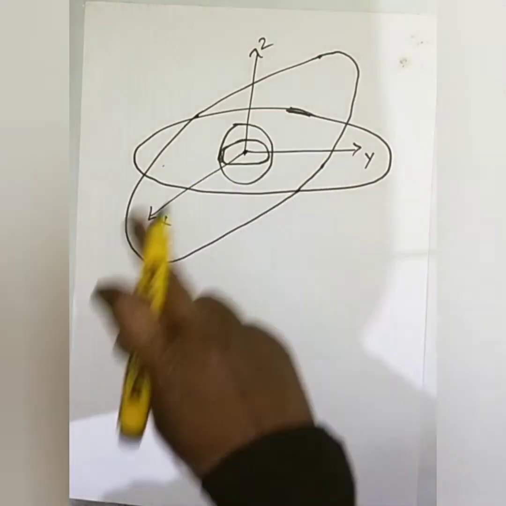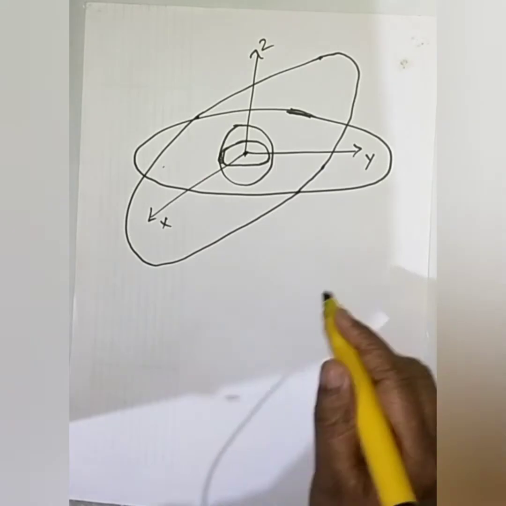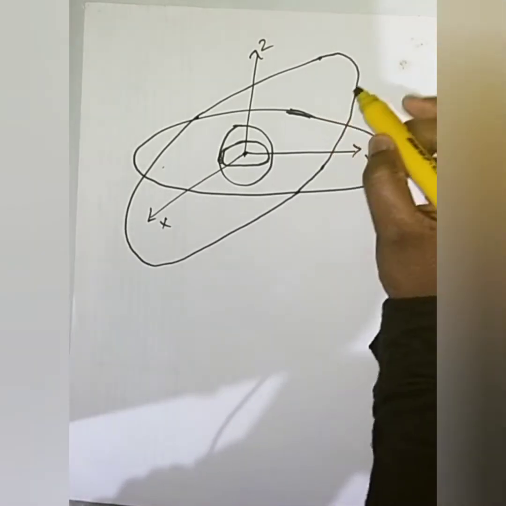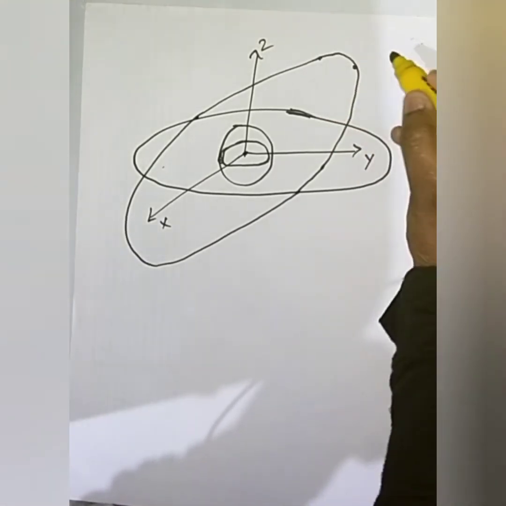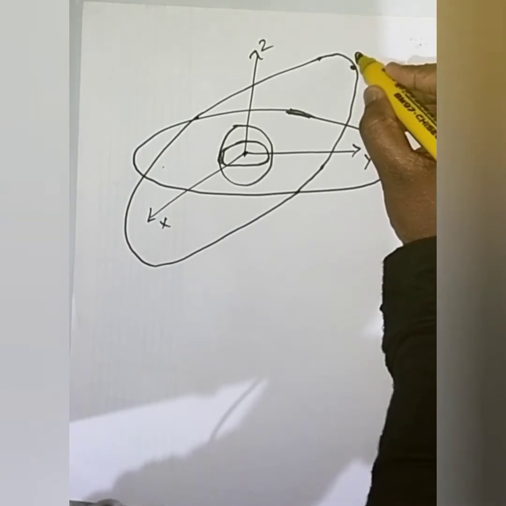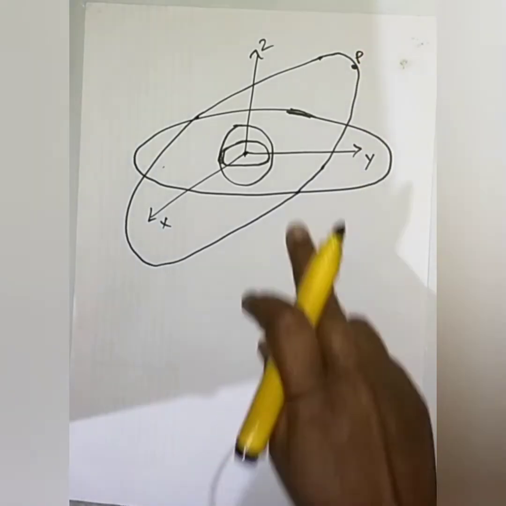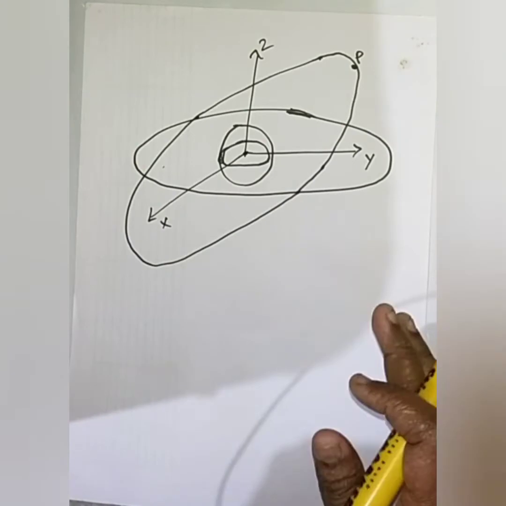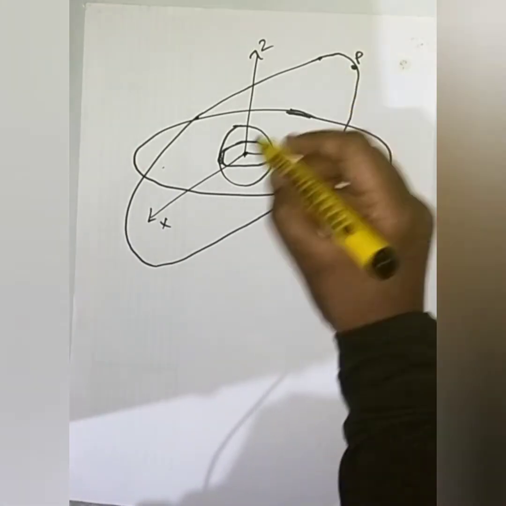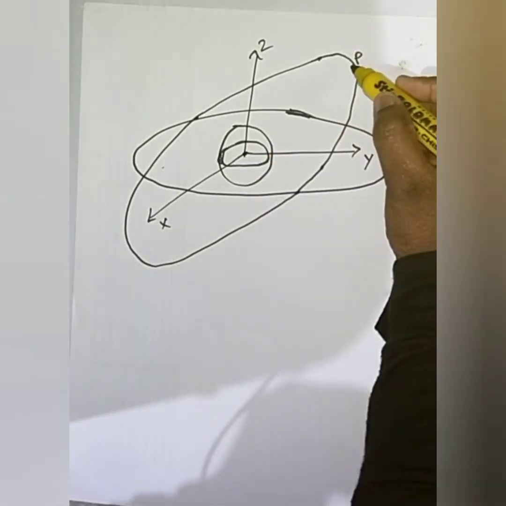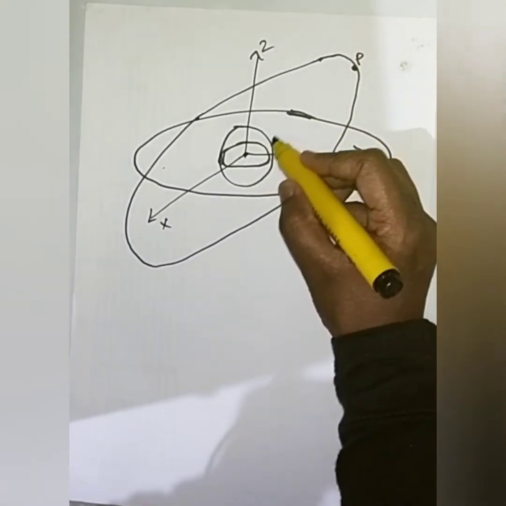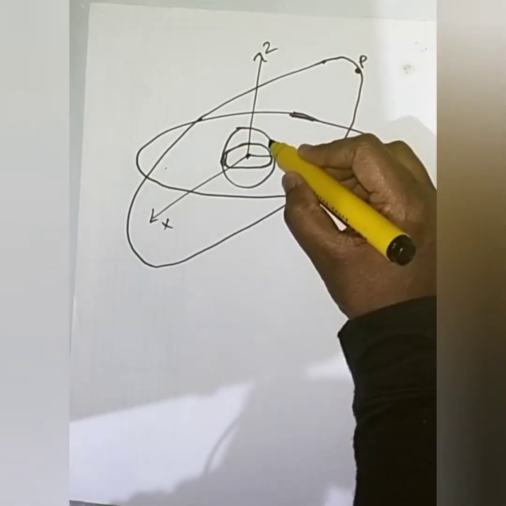Now I have again drawn this diagram. Say this point is the perigee, the nearest point of the satellite in an orbit, the nearest point to this Earth.